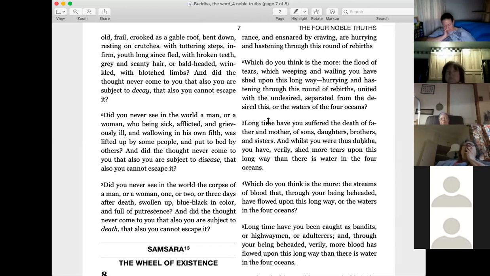And he says, for a long time you have suffered the death of a father and a mother, death of sons, of daughters, of brothers and sisters. And while you were experiencing this dukkha, you have shed more tears upon the earth than there is water in the four oceans. So he's saying, we have had so many experiences, it is impossible for us to calculate. It's more than what we could even conceive of as all the water on earth.